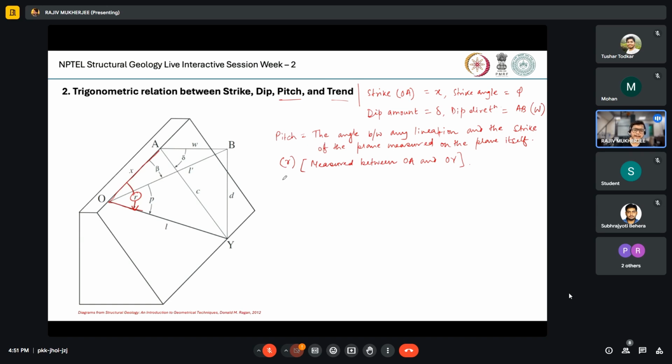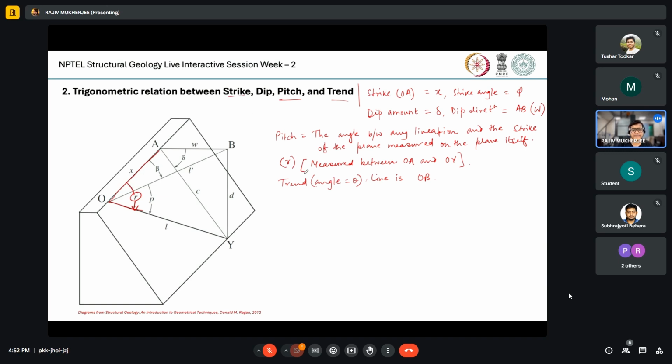And of course, trend angle is theta and the line is OB, which is again the horizontal projection of the original lineation, that is L. Now we have to find a relation between strike, pitch, trend.